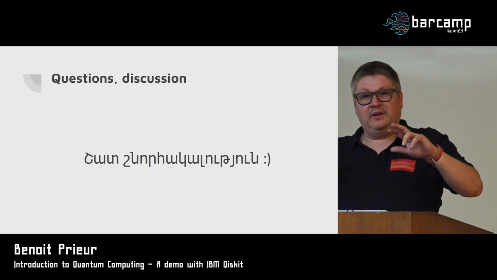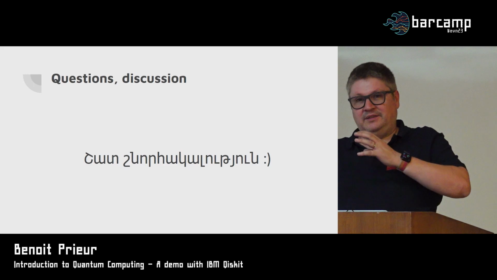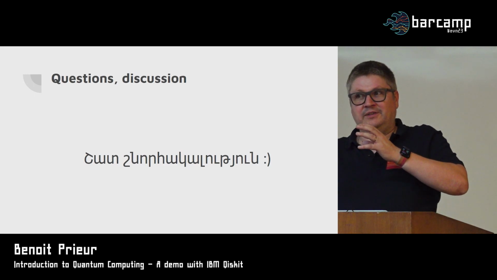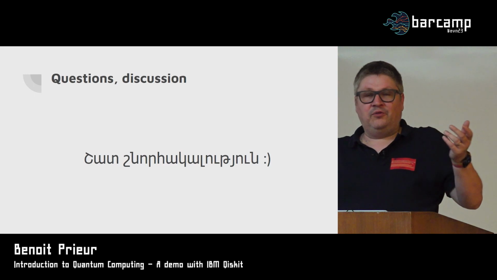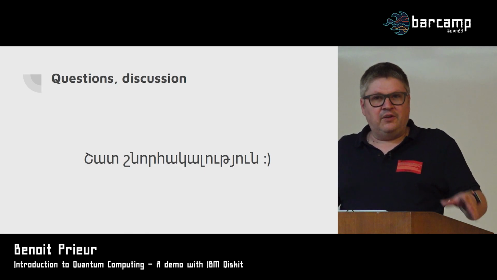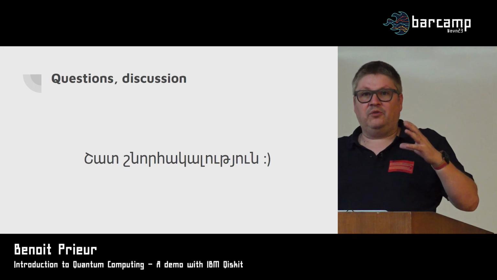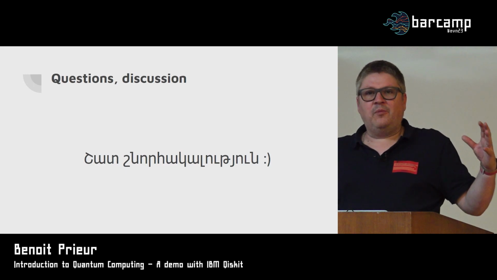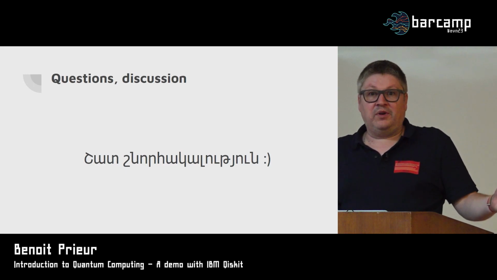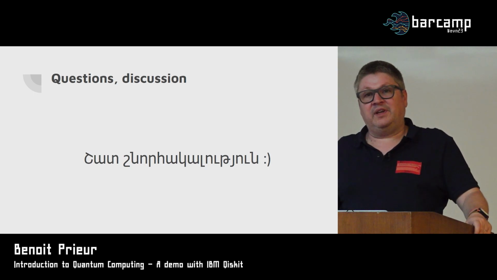If you have 3 qubits, you need to manage 8 states. 2 to the power of 10, I don't know what it is, but perhaps it's 1 million. I'm not sure. So if you want to simulate that with your computer, you're going to use a large amount of memory because you have to manage this combinatorics.